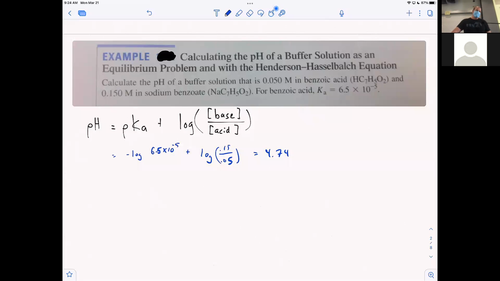The acid is usually the one that has acid in the name. So benzoic acid is the acid, and the sodium benzoate is the base. So the log of the base over the acid is 0.15 molar over 0.05 molar. And then don't forget the pKa, and you get the answer.